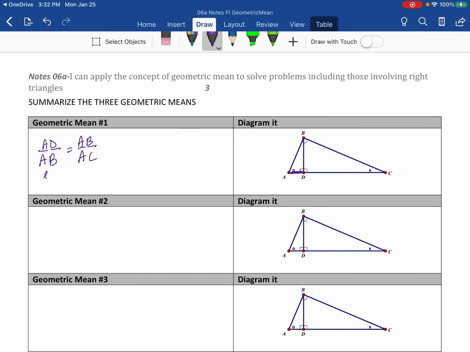You can think about this as short leg over hypotenuse equals short leg over hypotenuse. That's one way to think about it. Or you can do the little cheat: AB squared is equal to AD times AC. Or in my case, I always say leg squared is equal to part times whole.